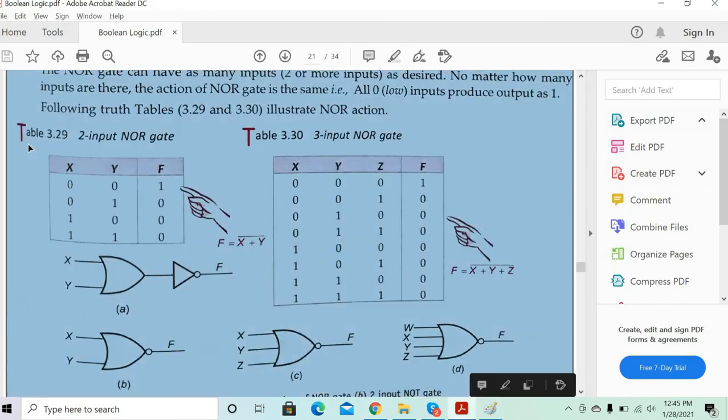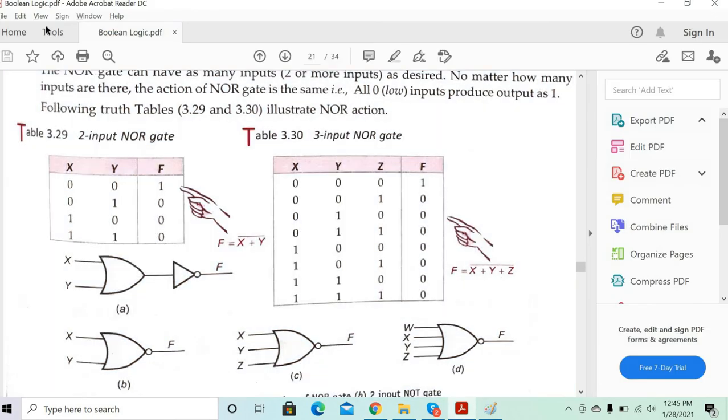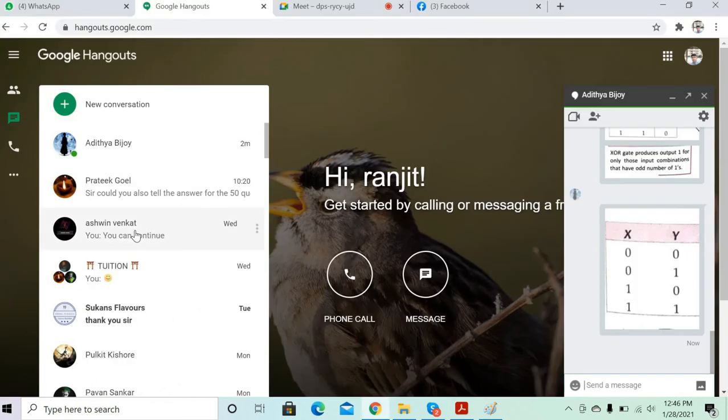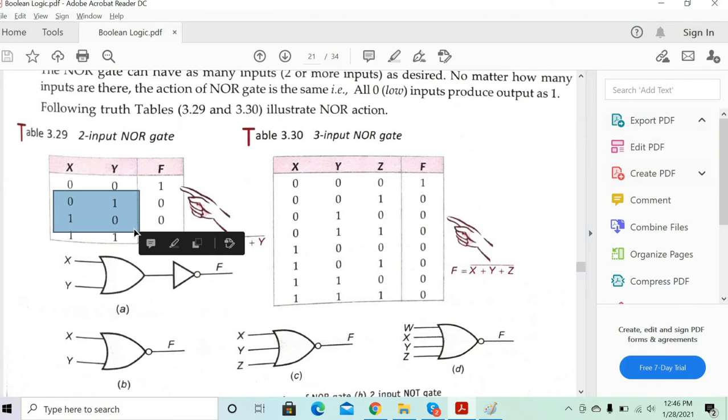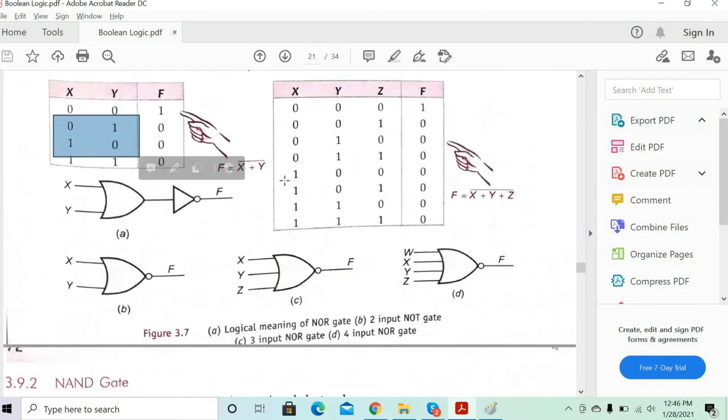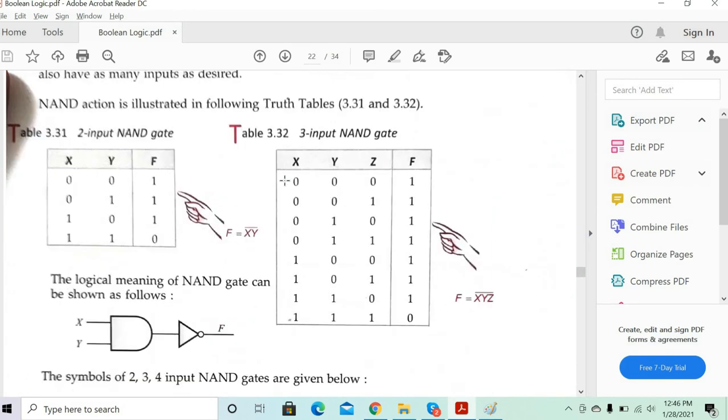Only 0 1 and 1 0, isn't it? Can you see that? 0 1 and 1 0. Only one 1 is odd, right? So in these two cases only the output will be 1. The rest of the output will be 0. Clear?